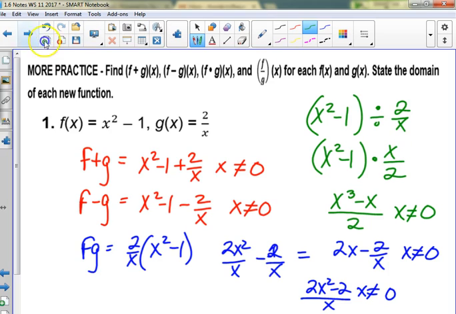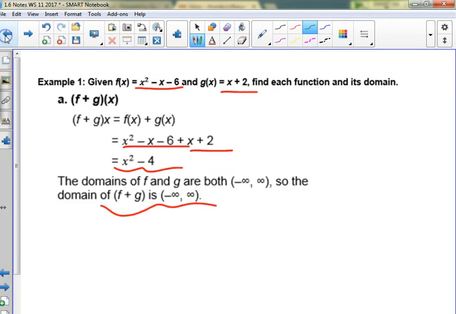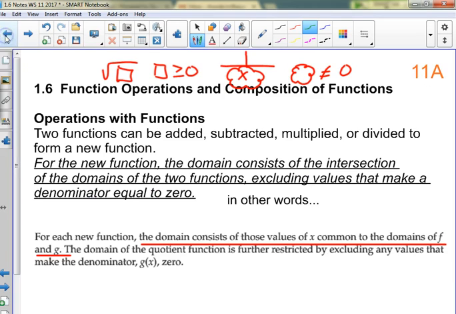Let me go back to that first slide, just to go over that one more time. It says the domain consists of those values of x common to the domains of f and g. If g didn't have 0 in it, it's not common to both domains of the original functions, so it's still excluded.